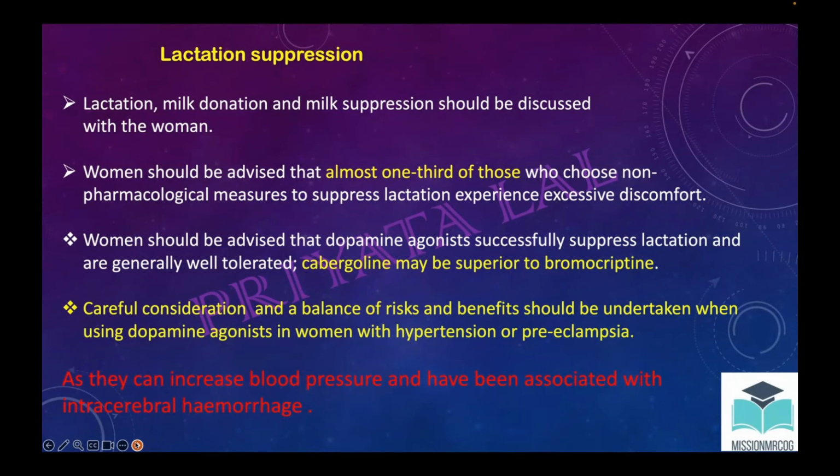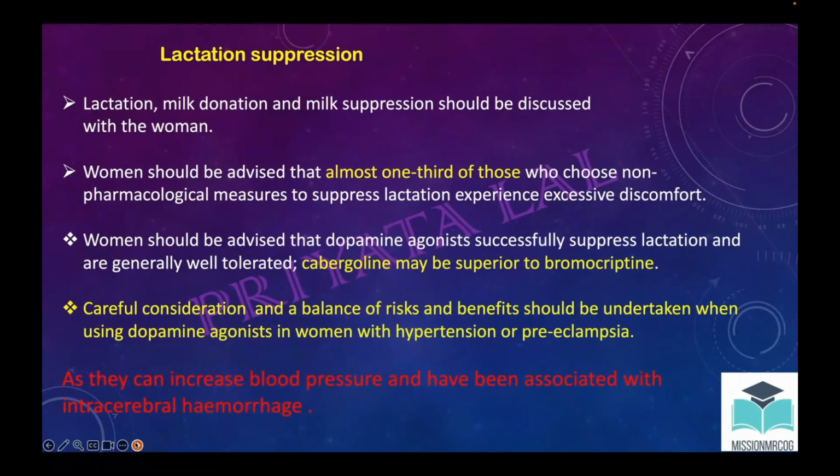Cabergoline is more superior because the dose is once or twice weekly, but a dopamine agonist should not be given if the patient has hypertension or preeclampsia. So this part you have to remember in your part 3 stations also.